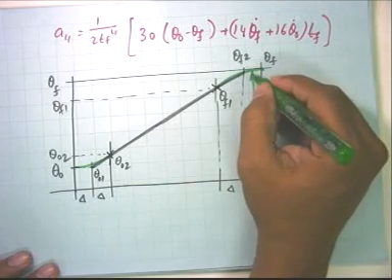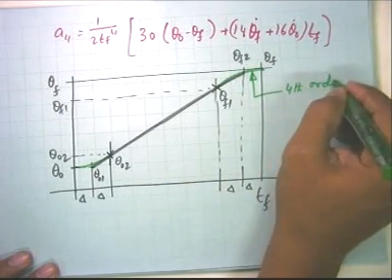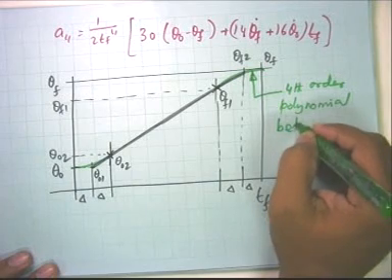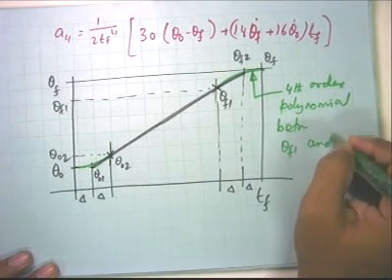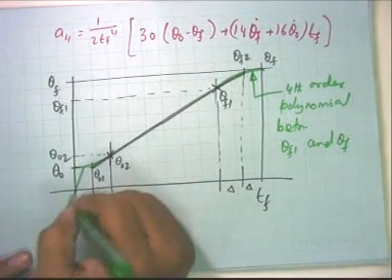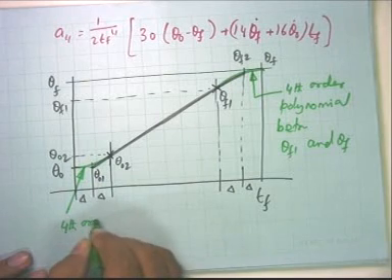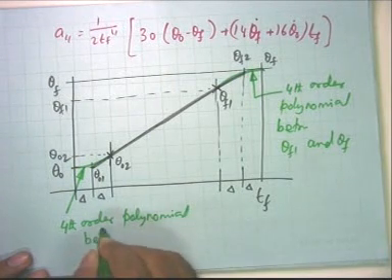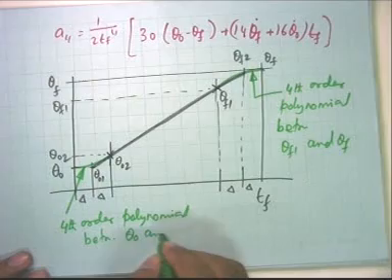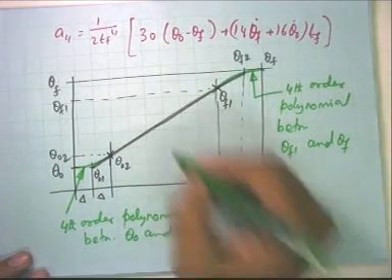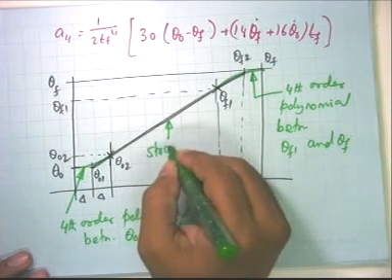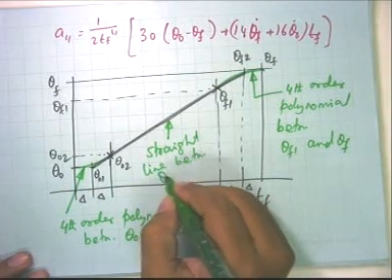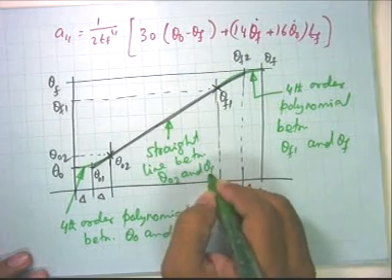This fourth order polynomial is between theta f1 and theta f, and here the fourth order polynomial is between theta 0 and theta 02, and this is a straight line between theta 02 and theta f1.